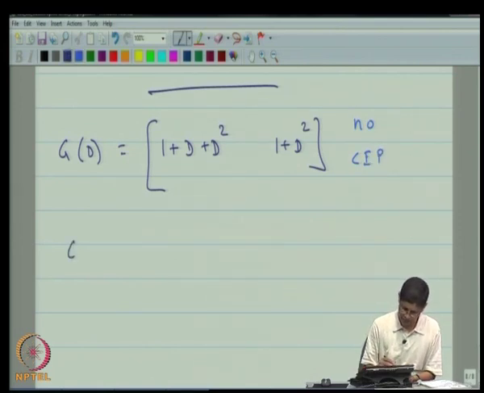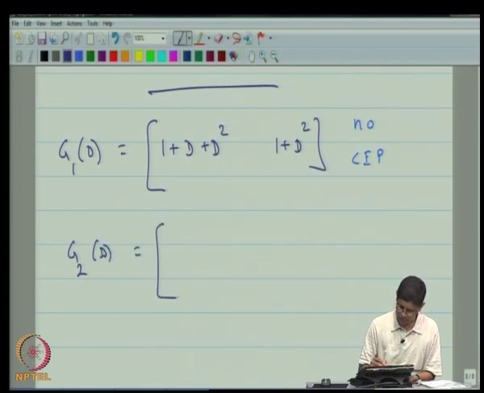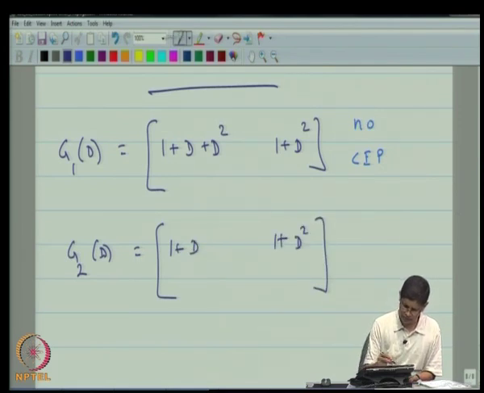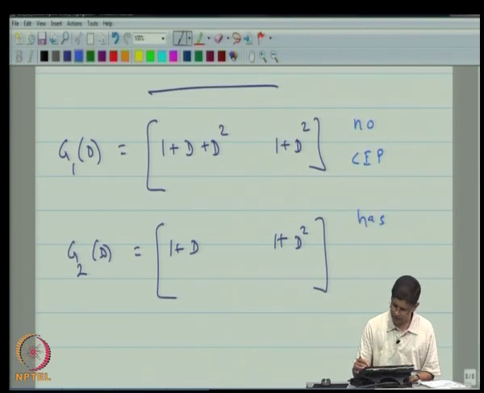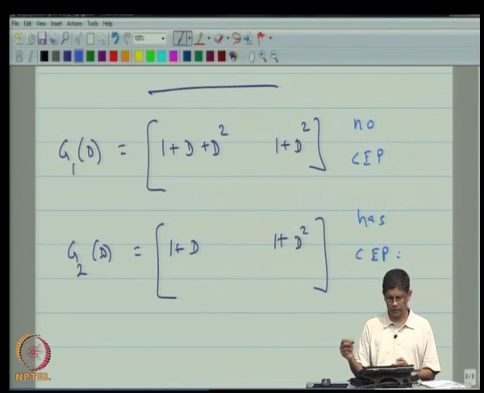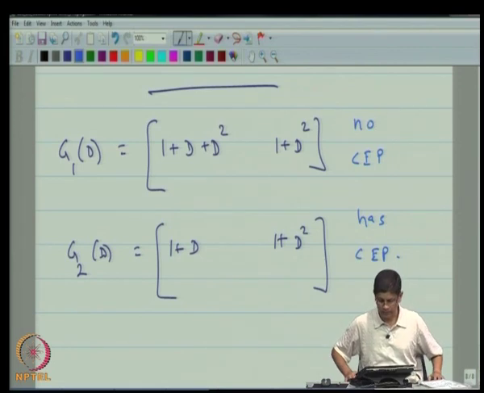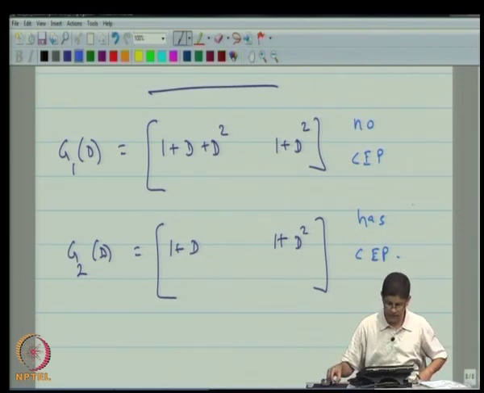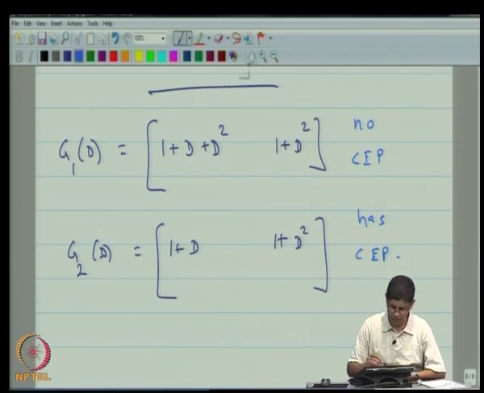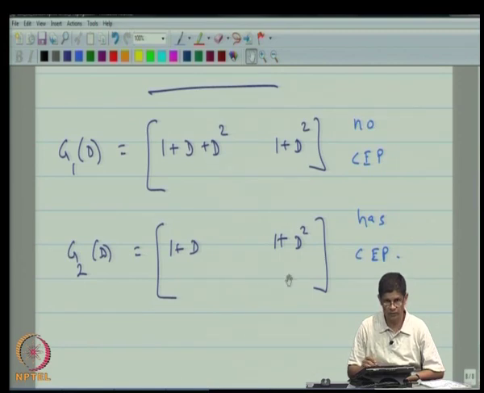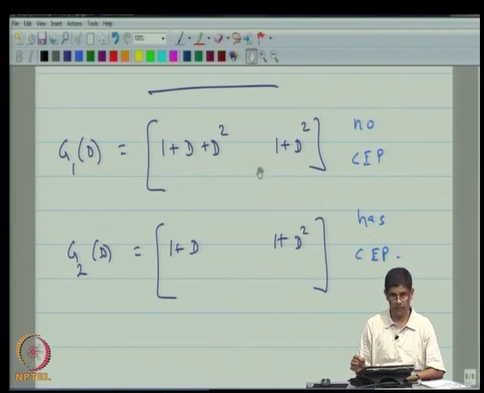On the other hand, if you look at the second polynomial generator matrix, which is 1 plus D squared, this has catastrophic error propagation. So, the question is, what is it that really is causing the trouble? The problem is that in this second example down here, the two symbols in the generator matrix share a common factor, and that is really what is causing the problem. It turns out that there is no common factor here.